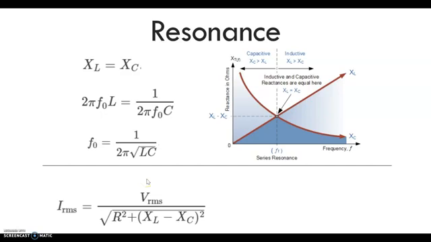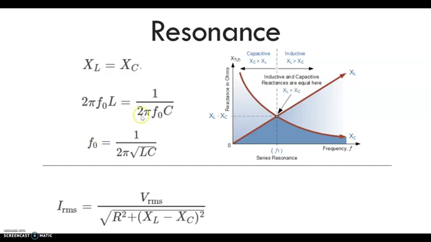If we remember back to our definition of impedance, it was the combined effect of the resistor and capacitive and inductive reactance. Since those reactances are equal to 0 when combined, the only thing affecting impedance is now the resistance. So Z is equal to R. Impedance is equal to resistance.